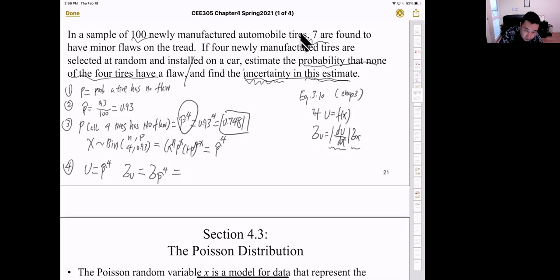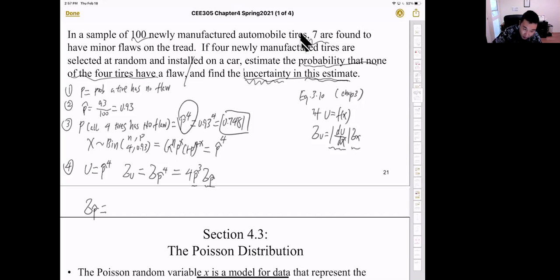And dU/dx is 4p to the power of 3, times sigma p. We know the sample proportion, but we do not know sigma p yet. So we need to figure out sigma p.